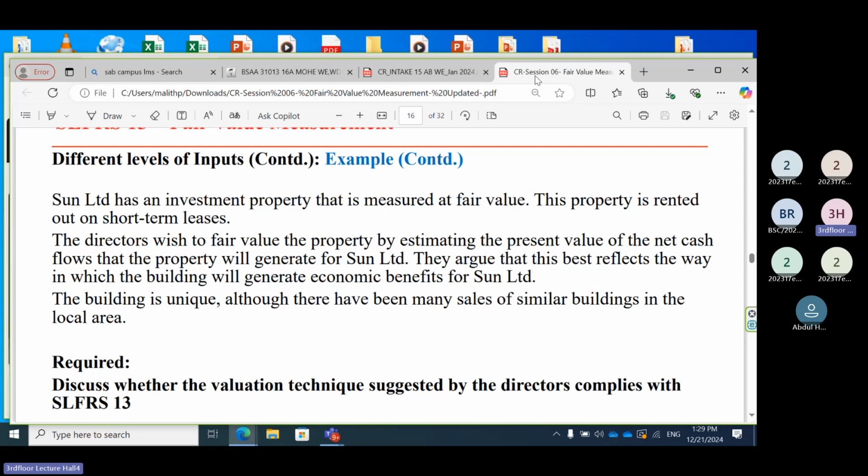Can you go through this question? Discuss whether evaluation technique suggested by the director complies with IFRS 13.